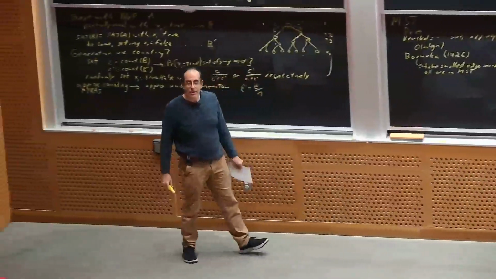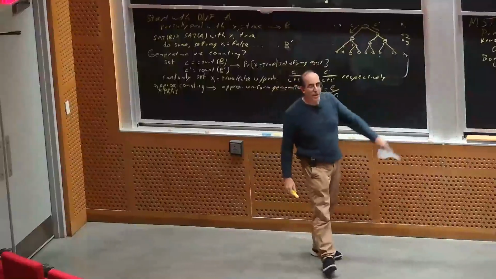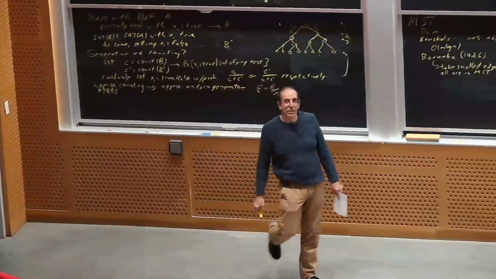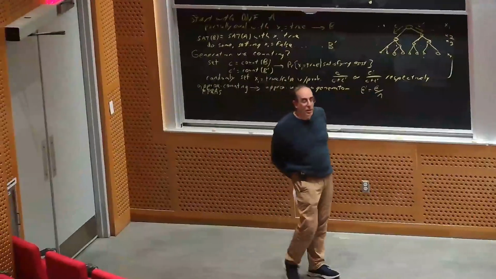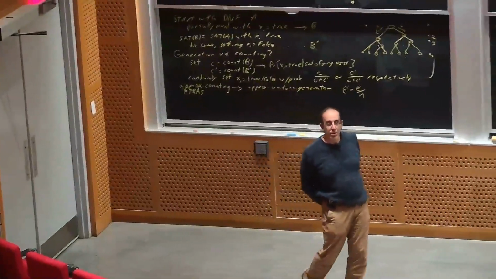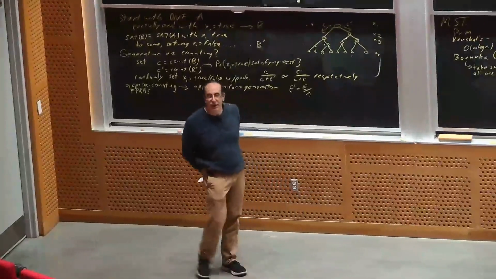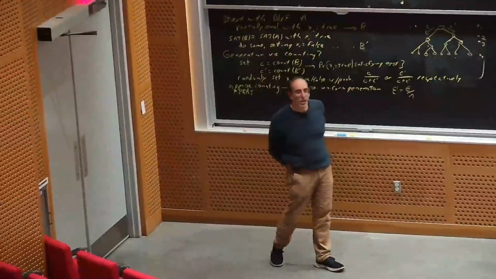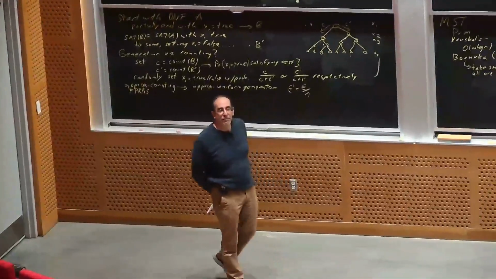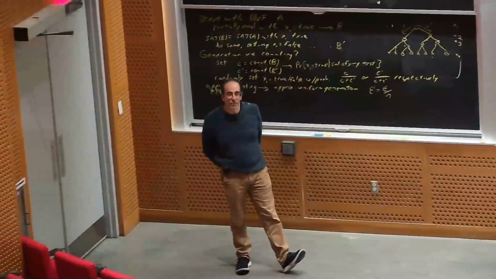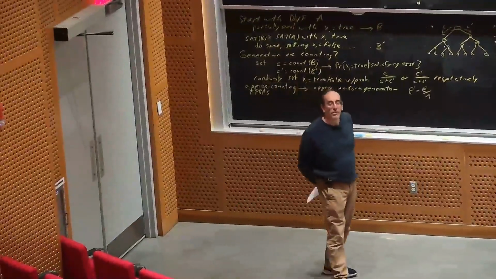Can anybody see why that's true, given the rule that I just stated? Well, I should say right at the beginning, I'm going to assume there are no ties. All the edges have different weights, so that we don't have to talk about tie breaking. Yes?